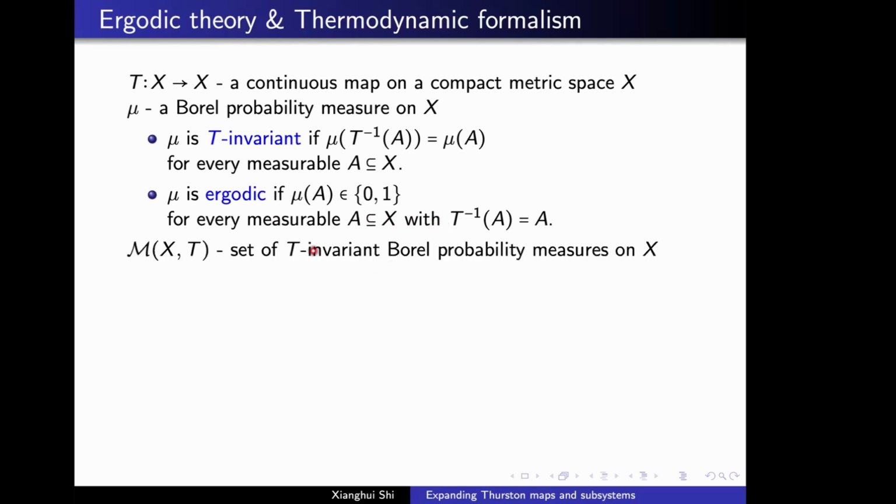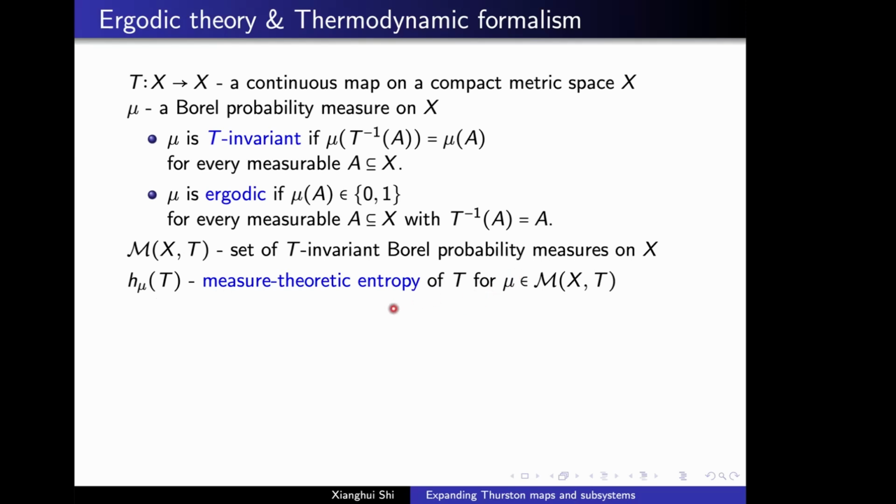If we denote by M(X,T) the set of T-invariant Borel probability measures on X, then the ergodic measures form the extreme points of this space. That is to say, any ergodic measure mu cannot be decomposed. It cannot be written as a non-trivial linear combination of other T-invariant measures. Okay, and for each T-invariant measure mu, we denote by h_mu(T) the measure-theoretic entropy of T for mu.